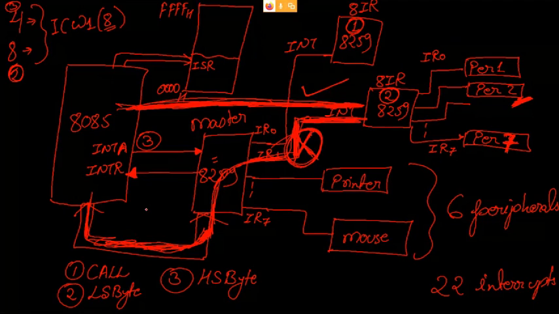So we are going to see how this particular arrangement is done, and how the control words can tell the 8085 which slave is actually demanding an interrupt. This is a very small summary of the things we have discussed in the last two lectures.